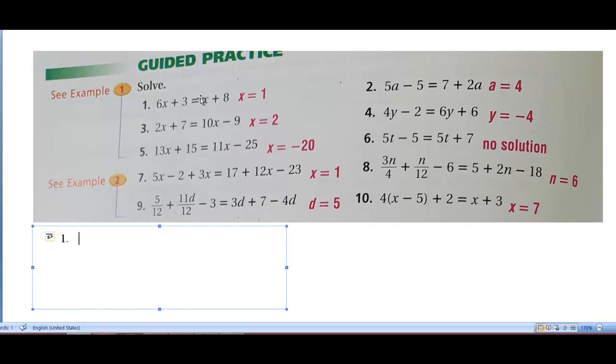So we want to remove one x from one side. I will remove the small x. How can I remove it? What is the sign of x here? The sign of x here is plus, so I will subtract x from both sides.